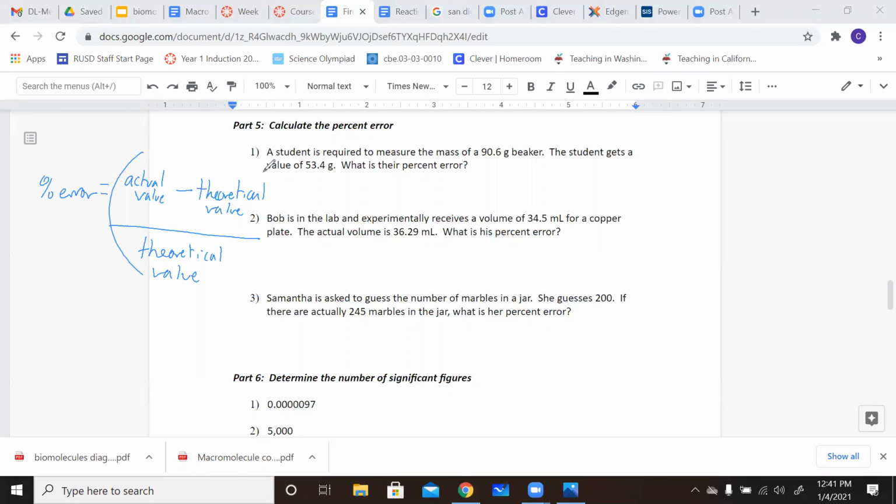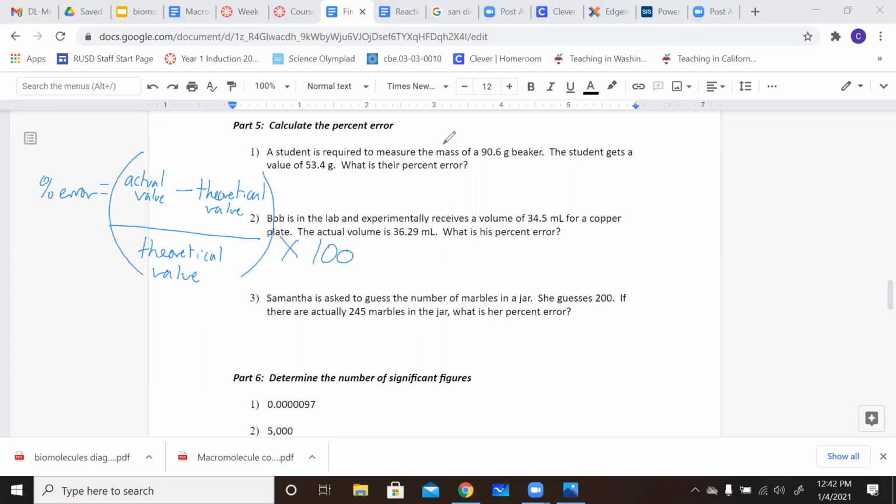And then you're going to take that whole thing and multiply it by 100, which again looks very complex. But basically, to sum up, it is: what did you actually get? Subtract that by what you were supposed to get, divide by what you were supposed to get, and multiply that entire thing by 100. So not all that complex.